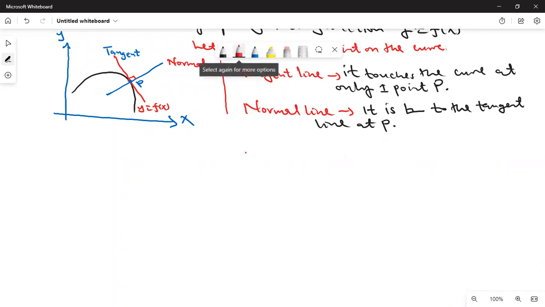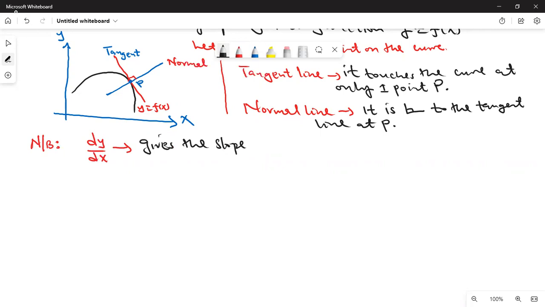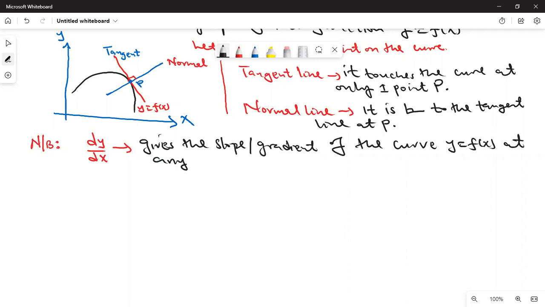Take note that dy/dx gives the slope, the gradient, of the curve y equals f of x at any point (x, y) on the curve.